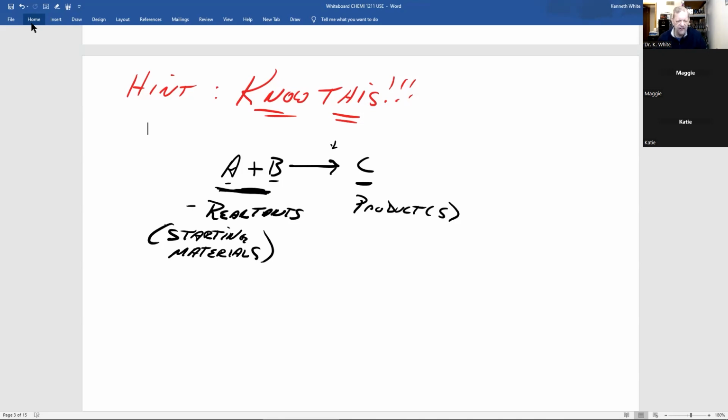So you should know, big time, if I have a chemical equation which shows a chemical reaction, at the base of the arrow, the beginning, you have the reactants. At the head of the arrow, the pointy part, you have the product or products. That's a chemical equation.